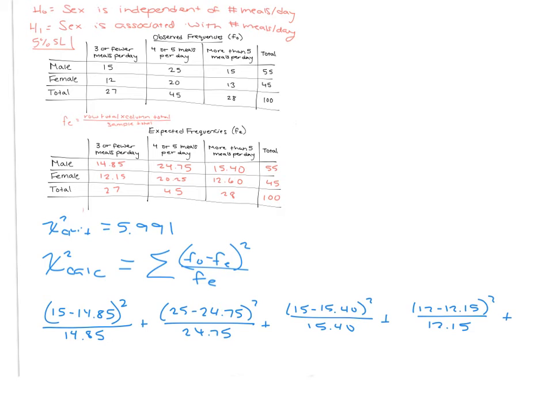And the next one, 20 minus 20.25, squared, all divided by 20.25. And 13 minus 12.60, squared and divided by the expected value. And that is going to give us our chi-squared calculated.